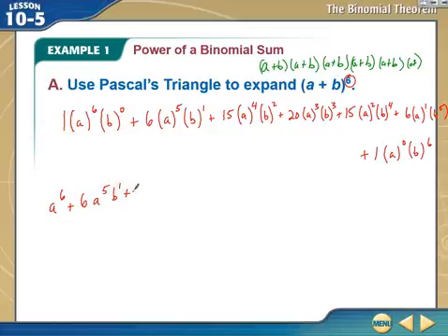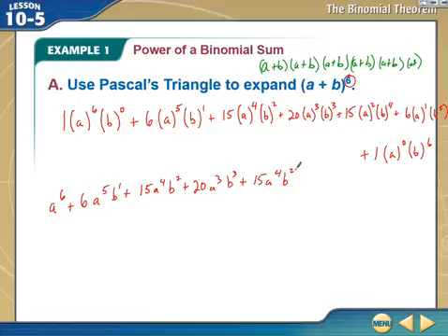Plus 15 a to the 4th, b squared. Plus 20 a cubed, b cubed.